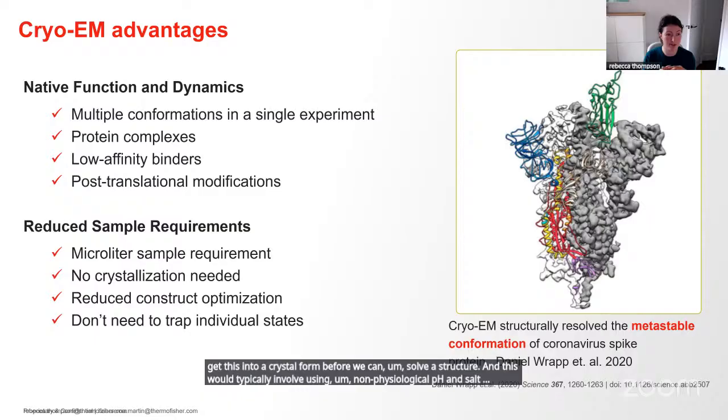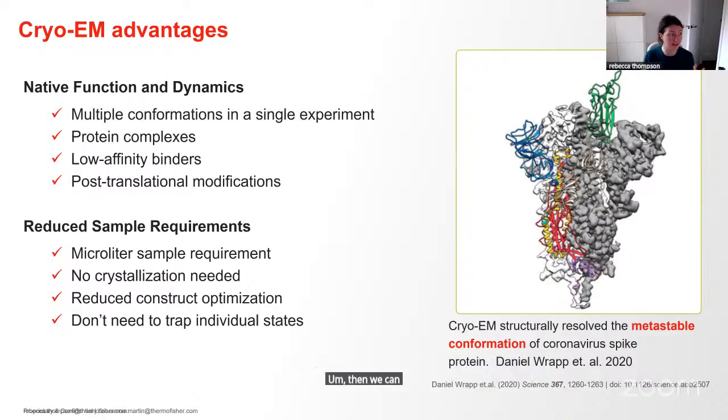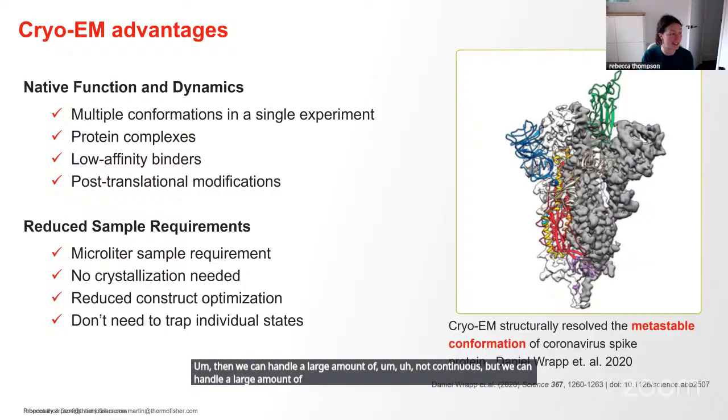In cryo electron microscopy, if we can recombinantly produce your protein, or if we can produce a protein sample, then we can handle a large amount of, not continuous, but we can handle a large amount of heterogeneity in that sample.